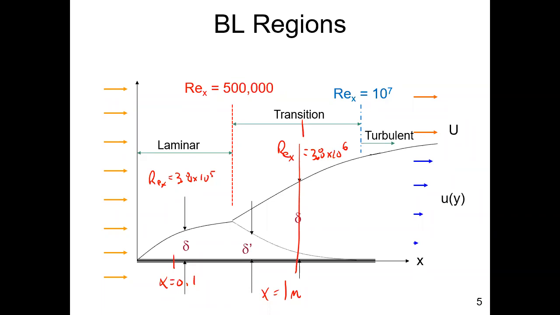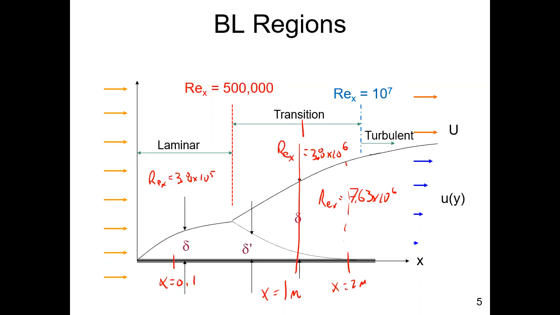I'm going to go on, but tell me if that answered the question. Actually, I'm going to stay on this slide. In the table on your handout for today, at x equal to 2 meters, the boundary Reynolds number is equal to 7.63 times 10 to the 6. That's also less than 10 to the 7.